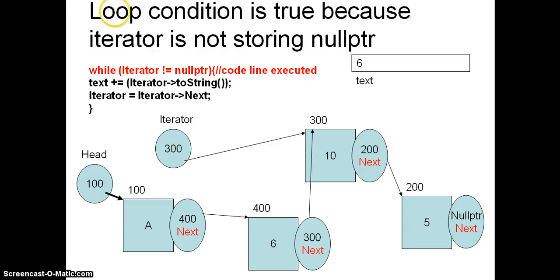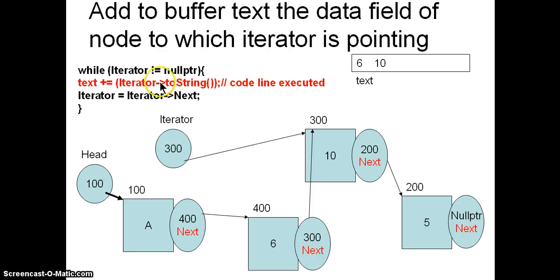Okay, so once again the loop condition is true because iterator not equal to null pointer is true. 300 is not a null pointer, so we enter the loop one more time, and then what we do is, wherever iterator is pointing to, which is this node, the data member of that node is added to the buffer called text. So this 10 just flies over and adds here. It doesn't remove from here, its copy is actually added to that.